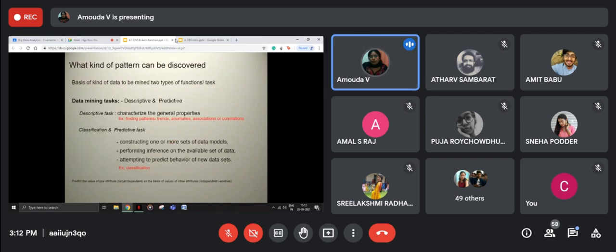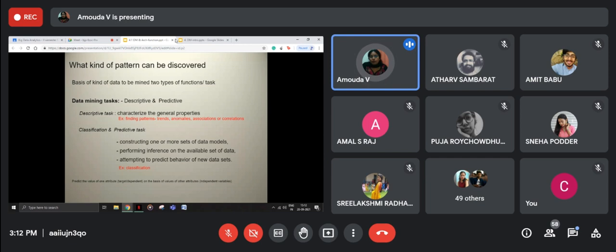We have been saying that knowledge or a pattern can be decided. What is that actually? The pattern, and how the pattern will be mined or the knowledge will come out of the data, using 2 types of functions. Students, remember, we can use the word function or task.